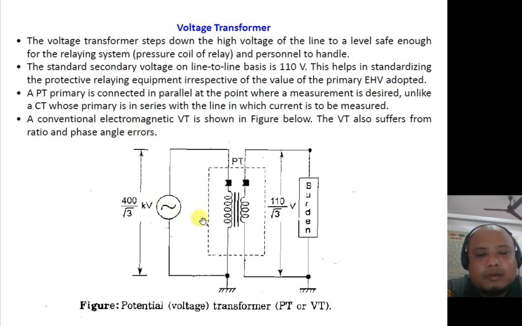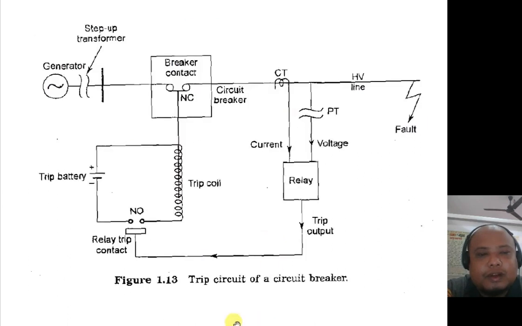So this shows a CT-PT connection along with a relay and a circuit breaker. The relay will send a trip command, which will be handled by the trip circuit. How does this work?